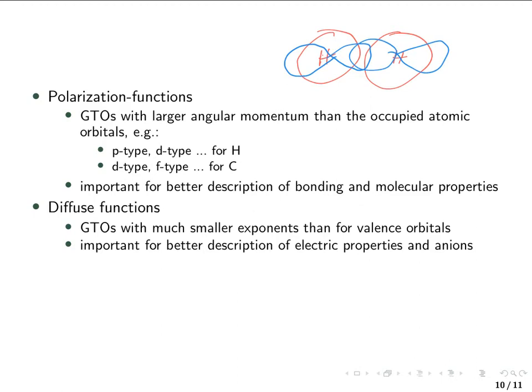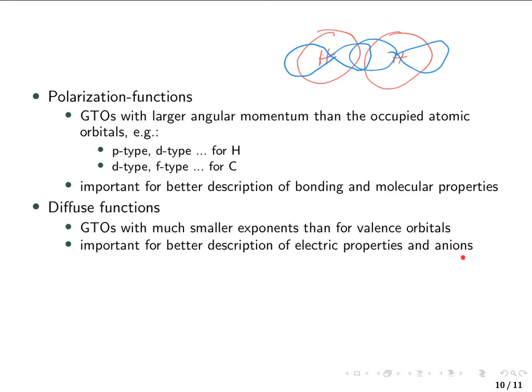Another type of functions which one often wants to include are so-called diffuse functions. Under diffuse functions we understand Gaussian type functions which have much smaller exponents than the normal valence orbitals have. And they're important for the description of electric properties. For example, if you want to calculate the dipole moment or polarizability of a molecule, as we will discuss later in the course, it's important to include diffuse functions.